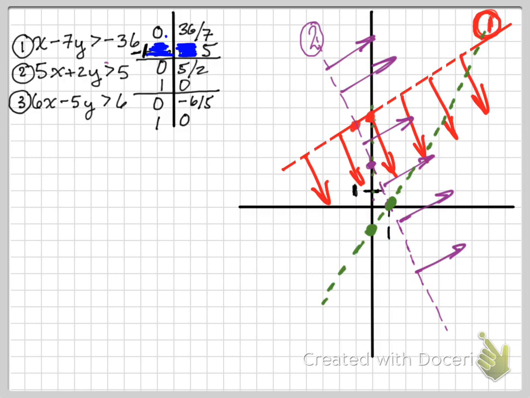All right, I'm going to number that, number 3. And looking at the origin and plugging that in here, 0, 0, is 0 greater than 6? No, it is not. So I'm going to do my shading away from the origin this way.